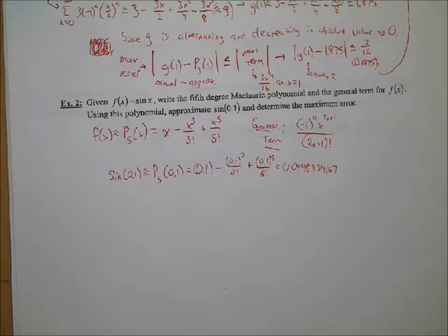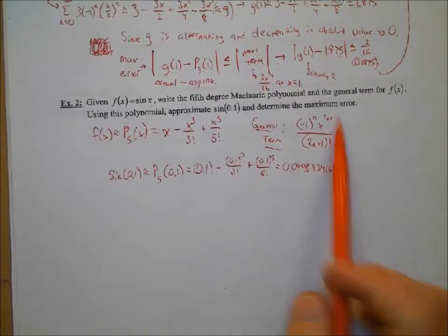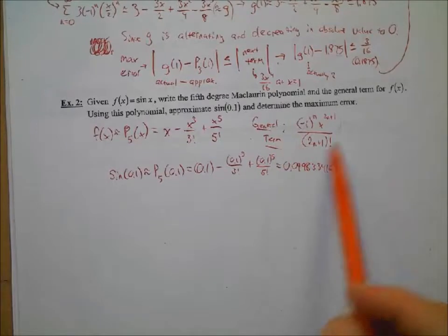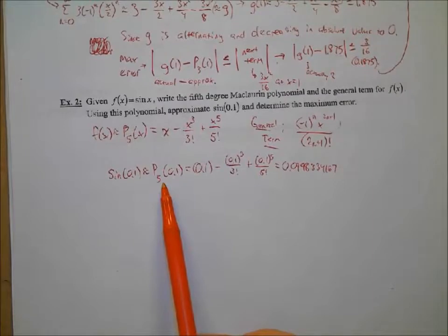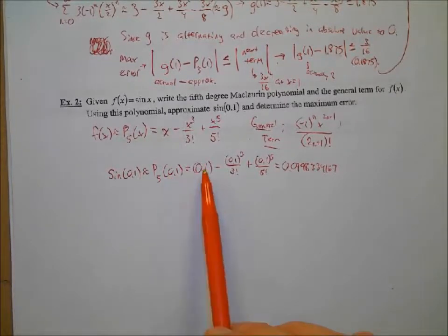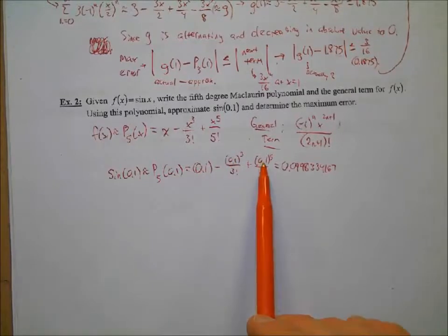And then there's the general term, which we hopefully still have down. And then sine of 0.1 is going to be approximately that fifth degree Maclaurin polynomial at 0.1. We just plug 0.1 in for those x's to get that estimated value.